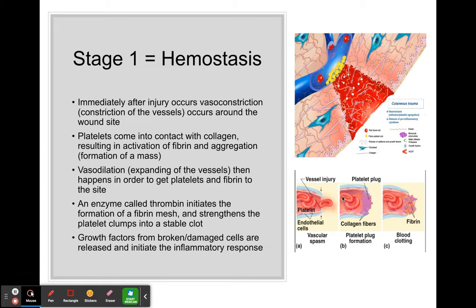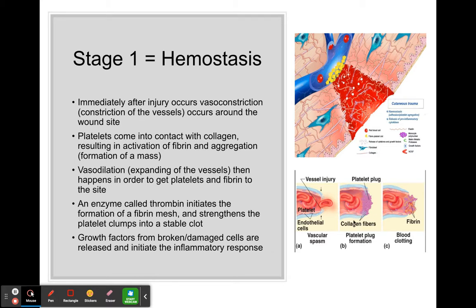Right before we go to the next slide, if we take a look at this figure on the bottom right, first we see the initial injury. Maybe there's a puncture in your skin, and it cuts through your blood vessels, which causes bleeding. That releases platelets into the wound, and they come into contact with collagen fibers.